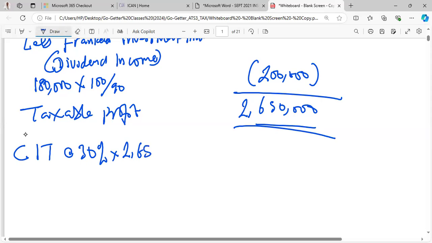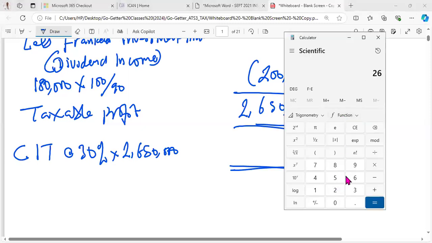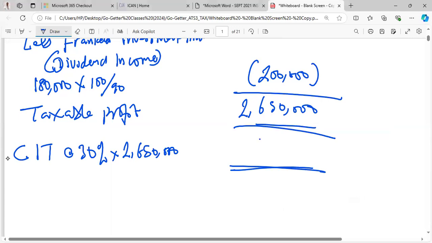So let's look for it. 2,650,000 times 30%. That is 795,000. So that's your company income tax.